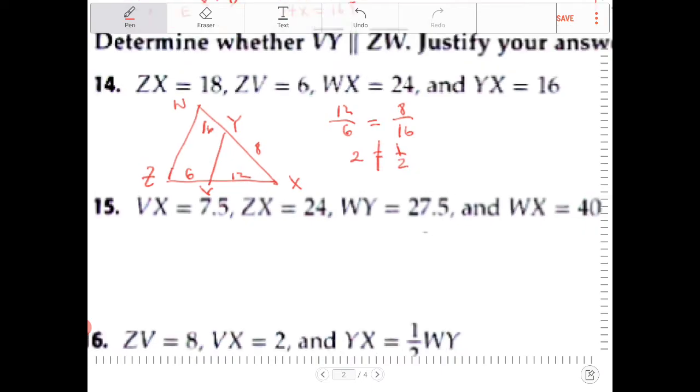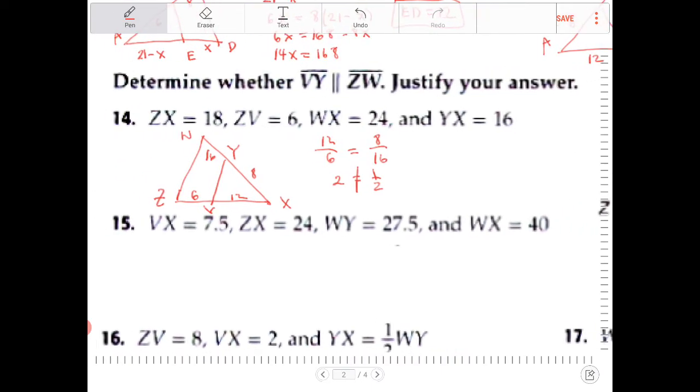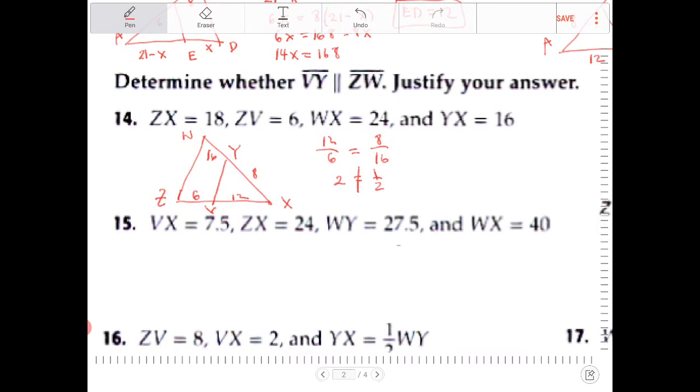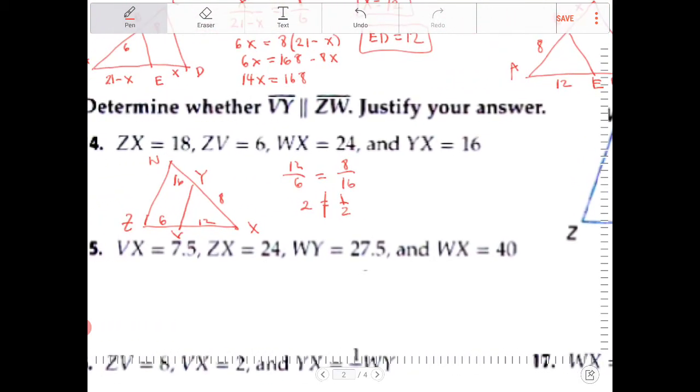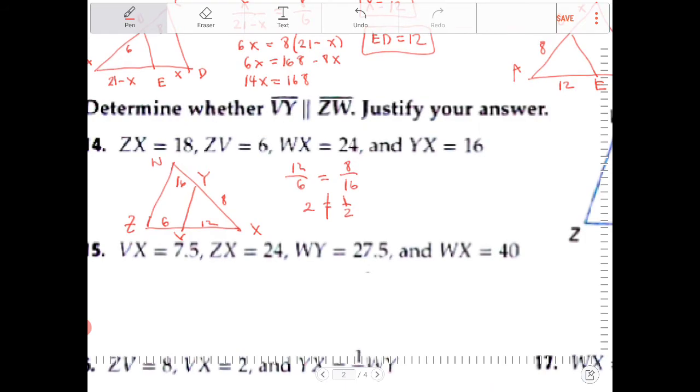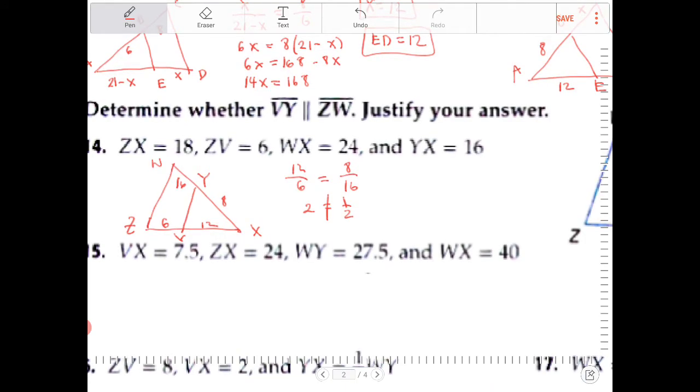They're not the same. So let me just double check to see if I have things labeled correctly. Zx is 18, Zv is 6, so therefore Vx must equal 12. That is the case. And Wx is 24, Yx is equal to 16.